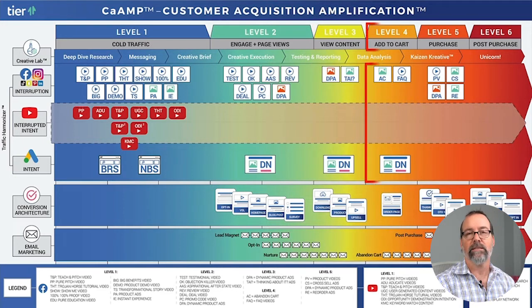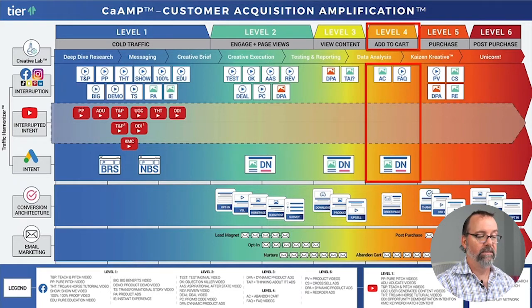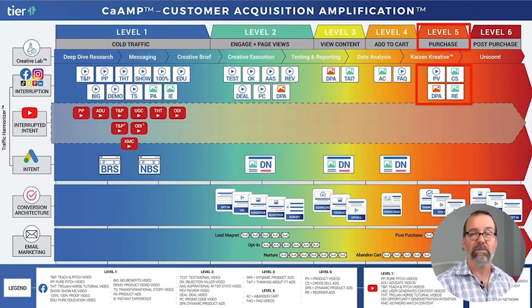Level 4 is adding to cart. So anybody who adds to cart or initiates a checkout, we're going to show them different types of assets based upon where they are in your customer acquisition path. And second to last but not least, but certainly not the least, is level 5 traffic, which is different types of assets that we use to cross-sell, cross-promote, as well as use for refills and ways in which to remind people to purchase again, especially if you're a consumer product goods company.